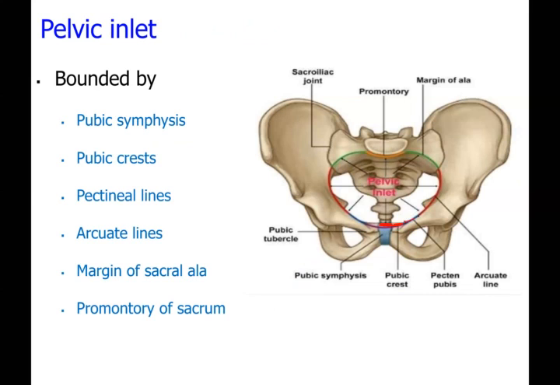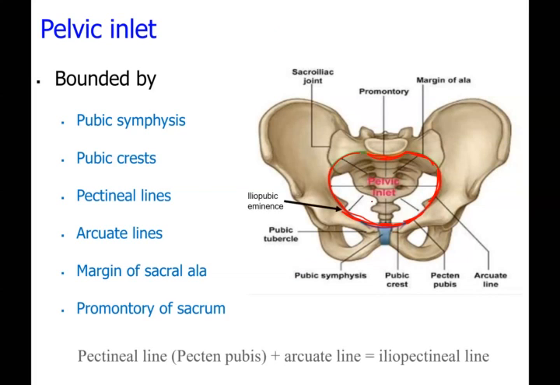Then you get the pectineal line. You can call it pecten pubis also. Then you get the arcuate line. That area is arcuate line. Then you get the margin of the ala of the sacrum. Then you get the front of the promontory. Then you get the same things on the other side. So that will form the pelvic inlet or the pelvic brim.